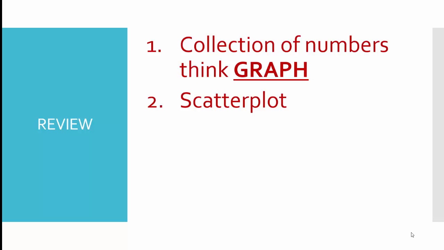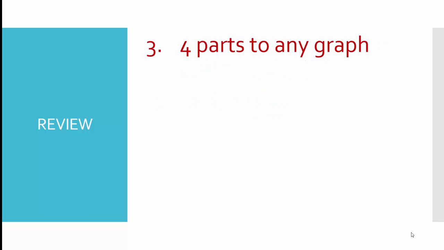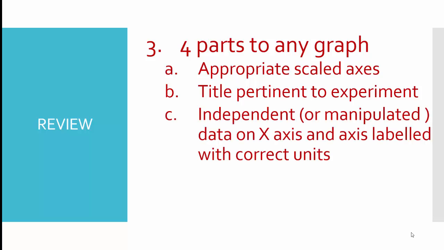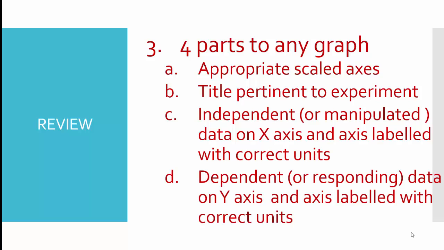Don't play connect the dots. There are 4 parts to any graph: appropriately scaled axes, a title pertinent to the experiment, the independent or manipulated data on the x-axis with the axis labeled with correct units, and the dependent or responding data on the y-axis with the axis labeled with correct units.